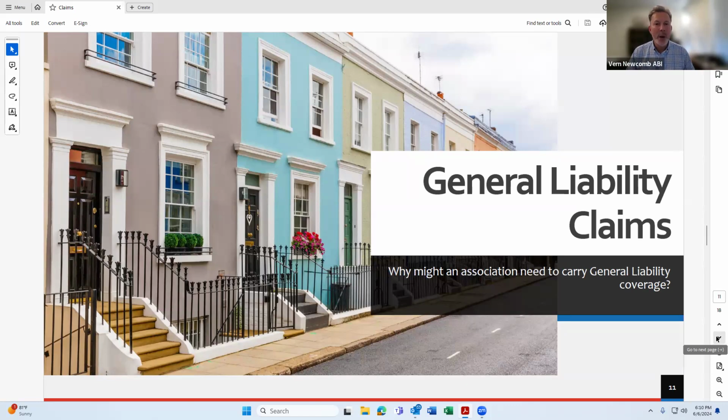Oftentimes it's an adjuster waiting for something from the contact person, or there's just lack of communication, that someone doesn't realize that someone's waiting for something, or that the contractor hasn't gotten something over. So had that adjuster just simply communicated and said, I haven't forgotten about you, I'm still waiting for this, then that would have alleviated a lot of phone calls.